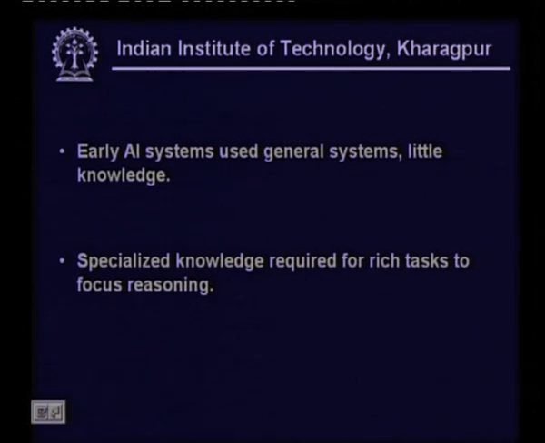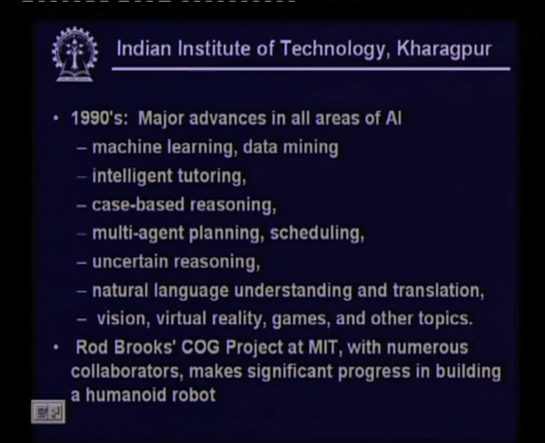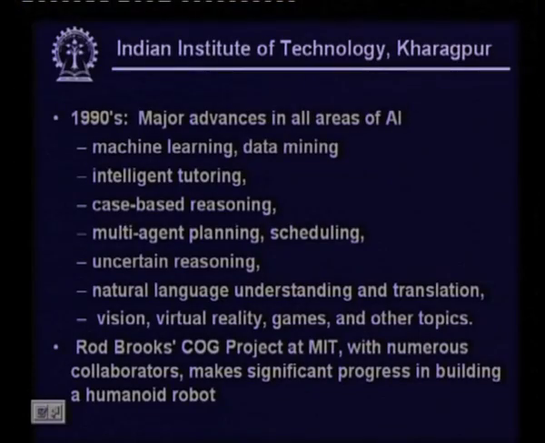Early AI systems used very general systems and little knowledge, but recent AI systems use specialized knowledge to perform specific tasks. In the 1990s, there have been major advances in all areas of AI, including machine learning, intelligent tutoring, multi-agent planning, uncertain reasoning, natural language understanding, translation, vision, and other topics.